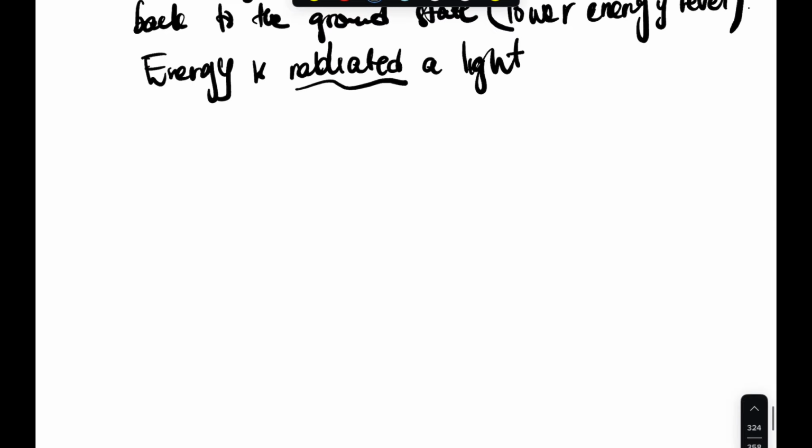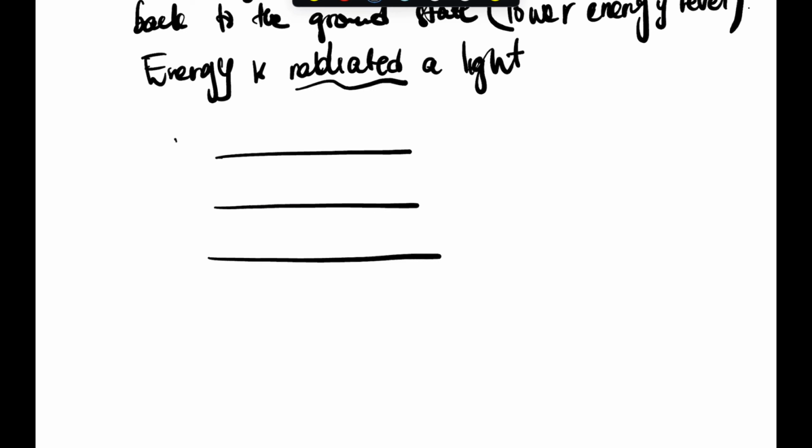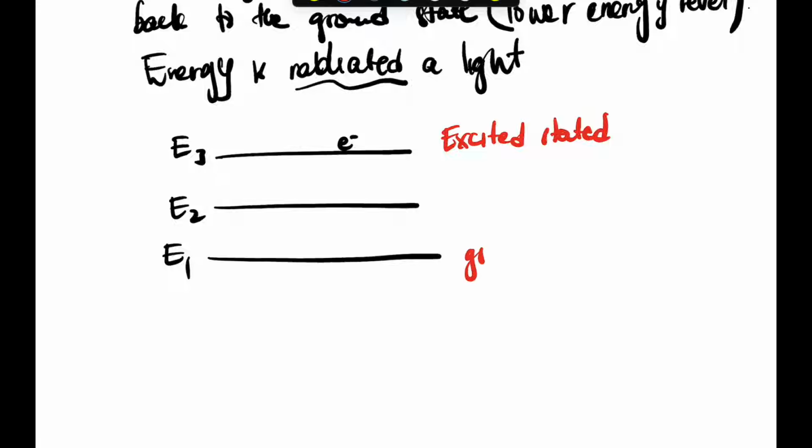This is like this. If you have seen this, let's say this is energy level 1, energy level 2, energy level 3. The electrons are coming from there, which is the excited state, and they are going to the ground state.